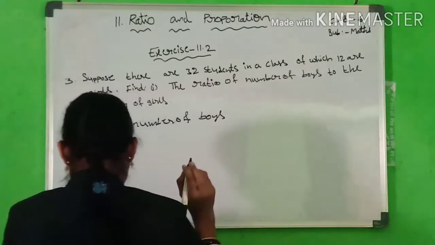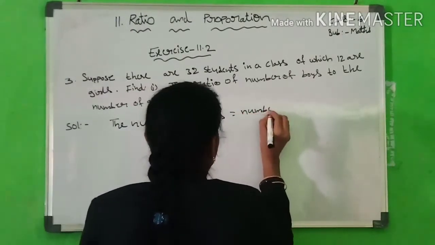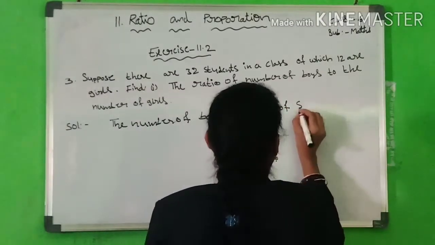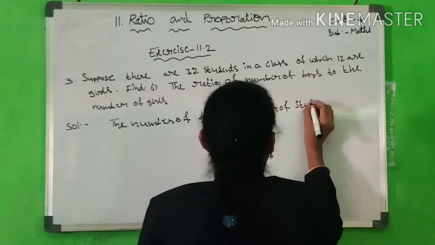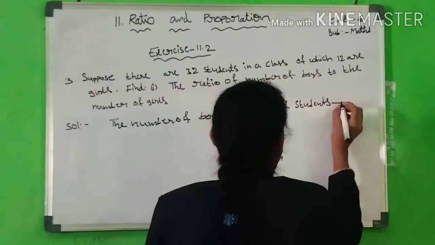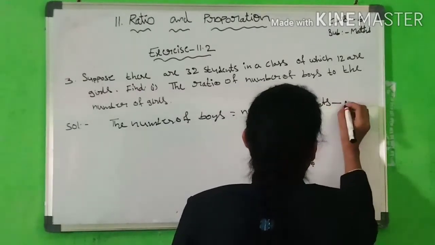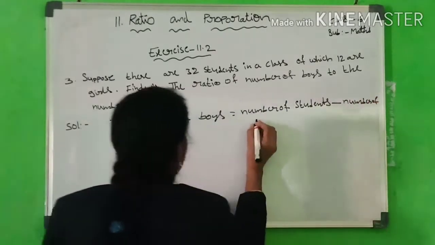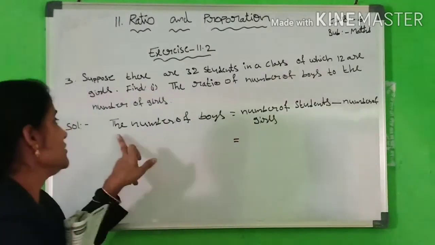The number of boys is equal to the number of total students minus the number of girls.